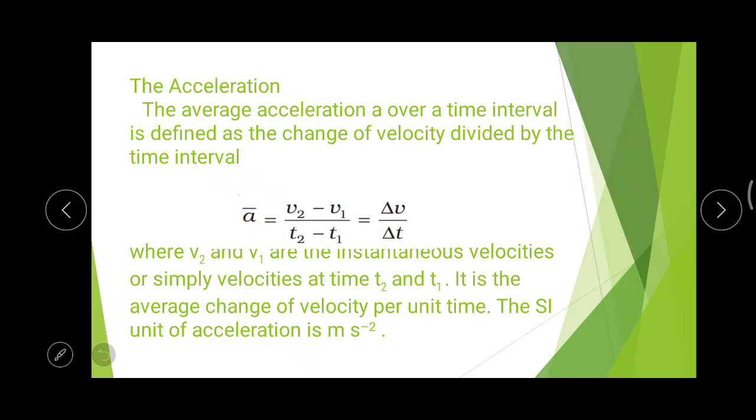The velocity expresses the fastness of the change in position. Here, the acceleration gives us an idea of how fast the velocity is changing. How fast the velocity is changing can be obtained from the value of acceleration.